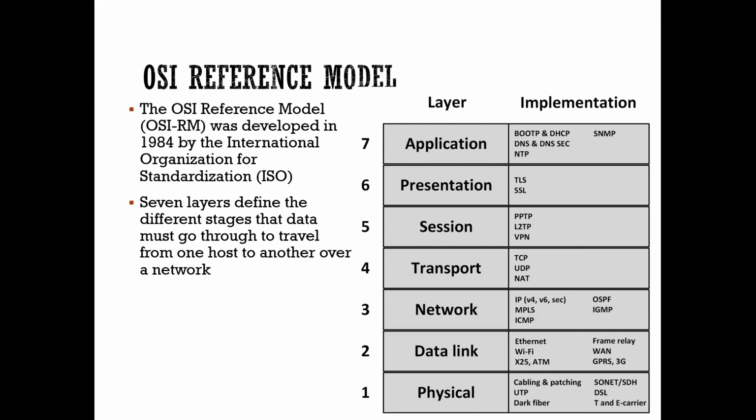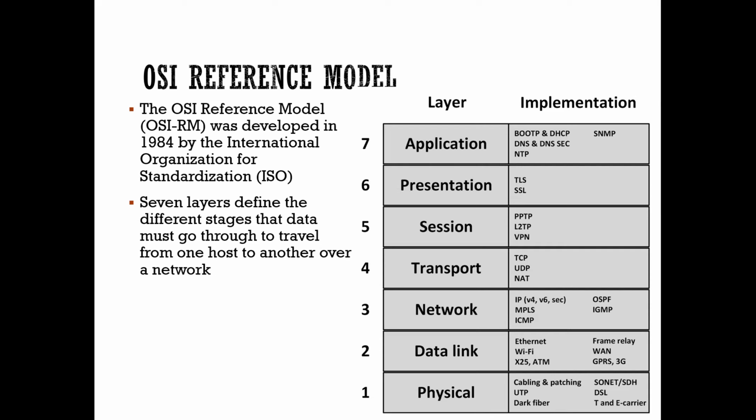Data link, like the network card, Wi-Fi, the ATM, those tools that assist or create the connection, we call them data link. We have the network layer, which is responsible for addressing and detecting errors for the communication.